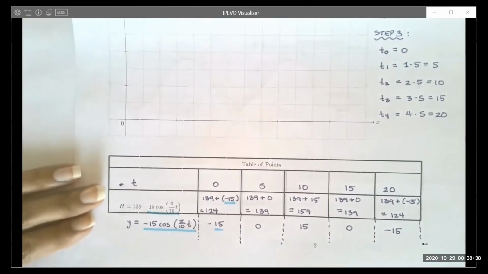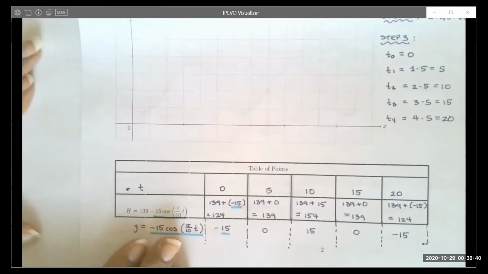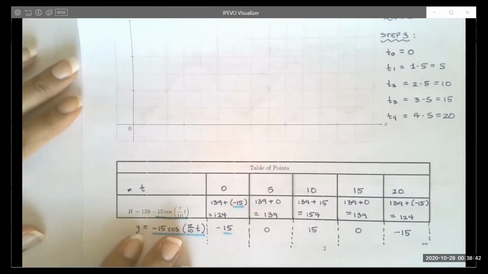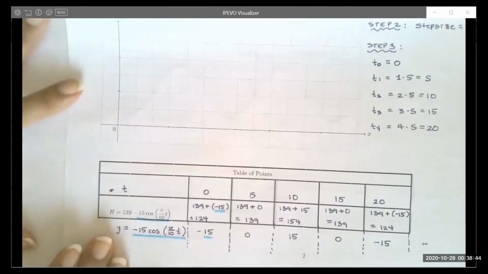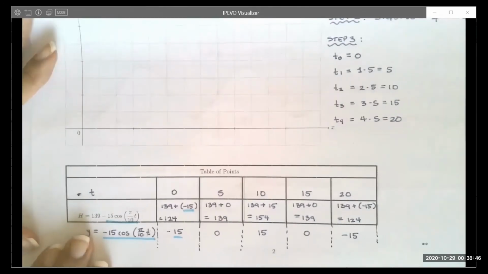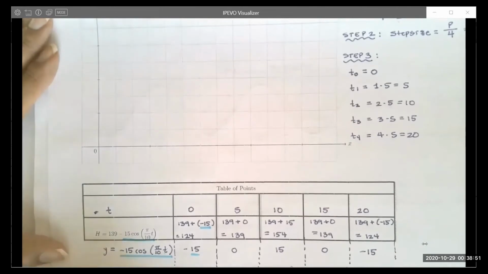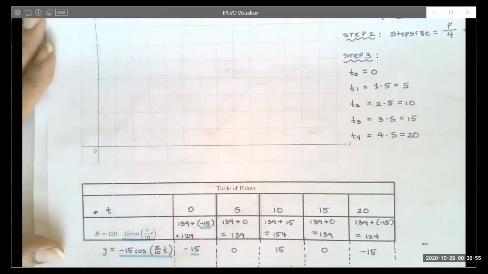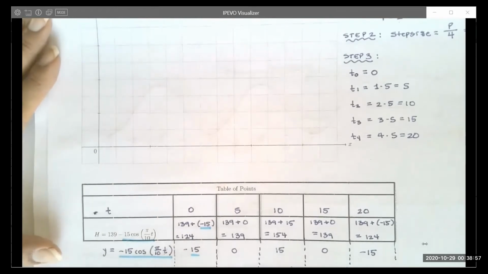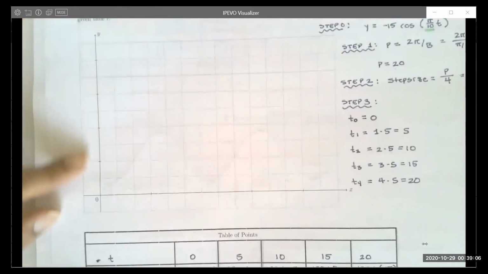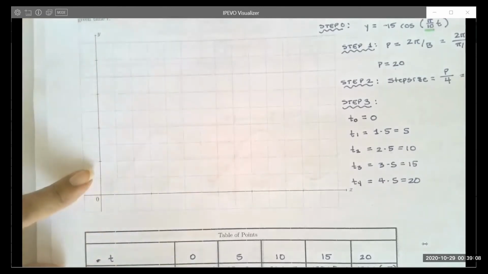Okay, so questions up to this point? So now we're going to take these t and h values and plot them on the graph. The first one is 0, 124, which clearly is a very large number, and I won't be able to fit it with the tick marks that are given here.